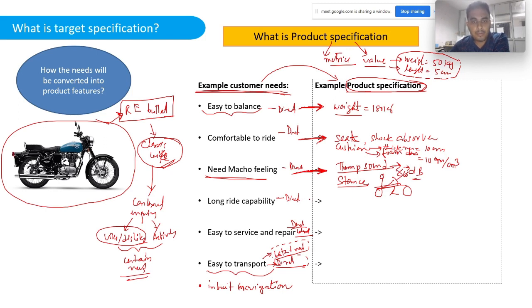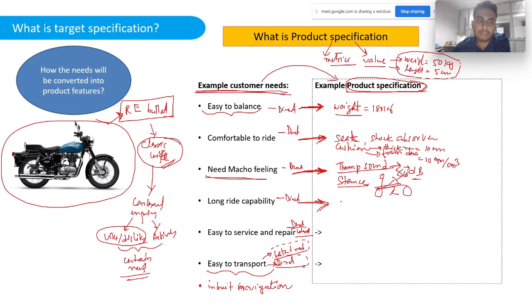Similarly, for long ride capability, what should be the product specifications? It must specify the distance it can travel without interruption in a single go.